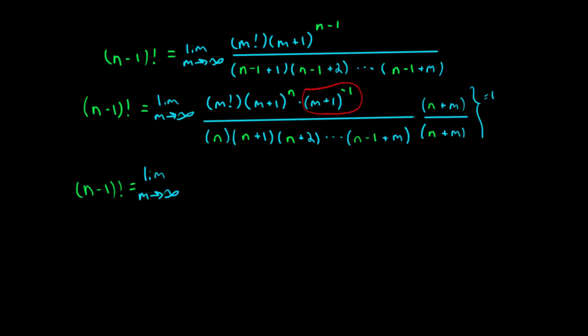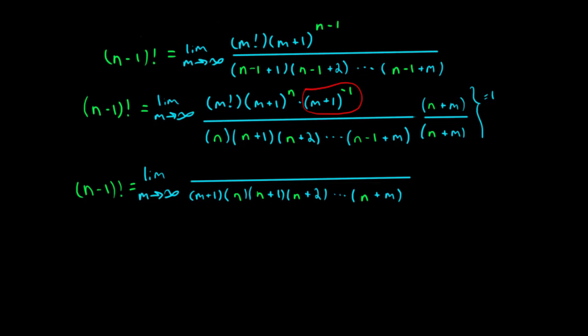And now I'm going to take that m plus 1 to the minus 1. That's, of course, just 1 over m plus 1. So I'm going to put that m plus 1 in the denominator here. There it is, m plus 1. And that's going to be multiplied by n times n plus 1 times n plus 2 dot dot dot times n plus m.